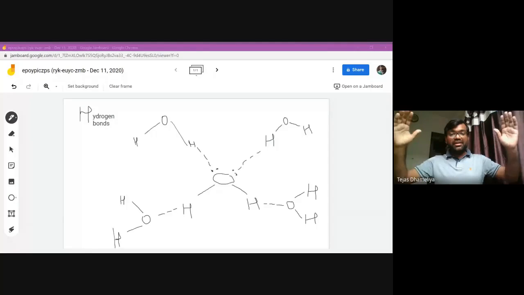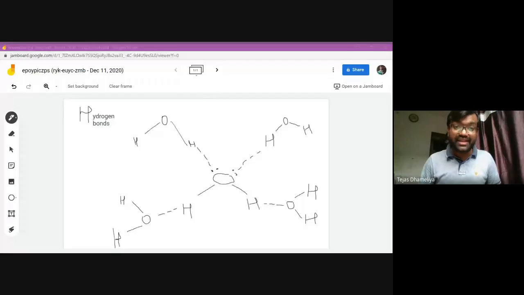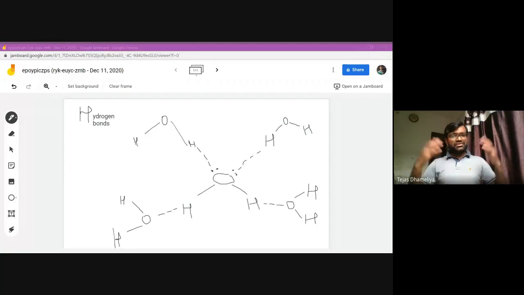Maybe 24 into 10 raised to 23 or even more. You understand? 1 mole of the substance contains 6.023 into 10 raised to 23 molecules according to Avogadro number, not according to me. So water is having plenty of hydrogen bonds.